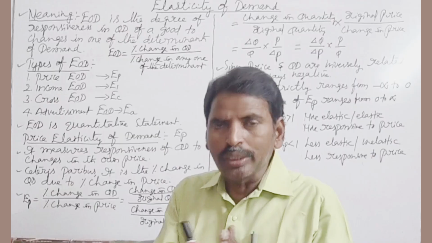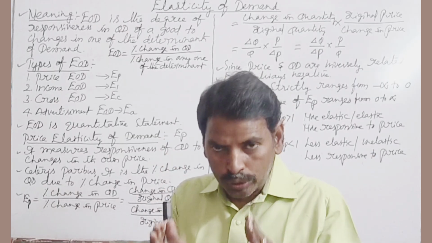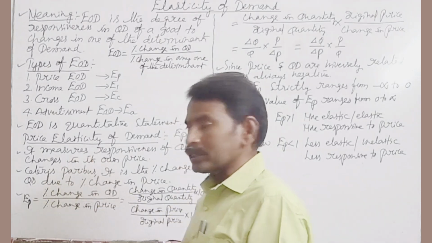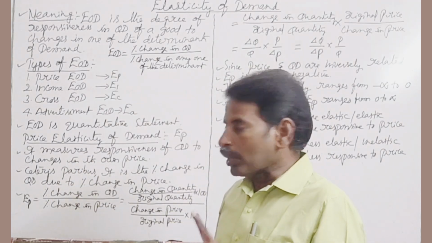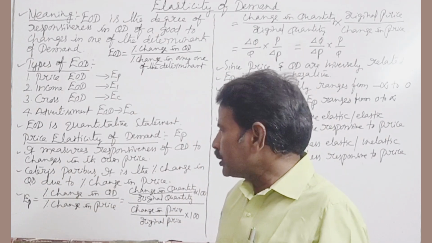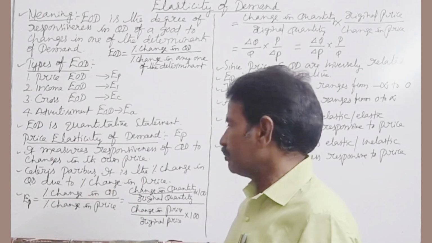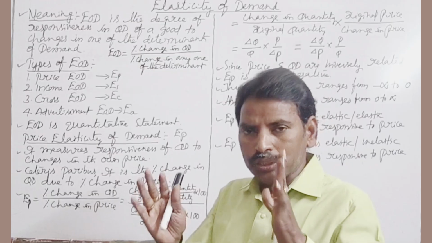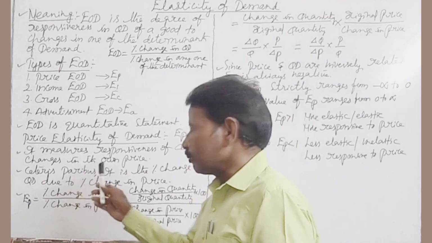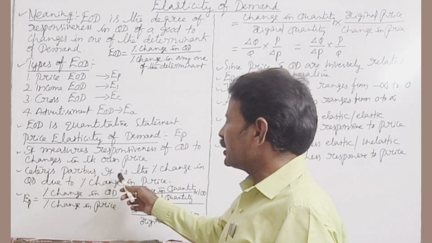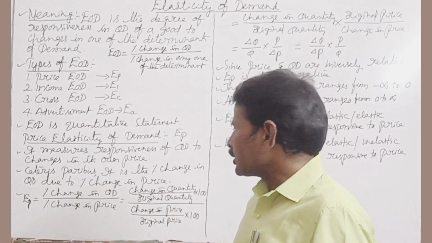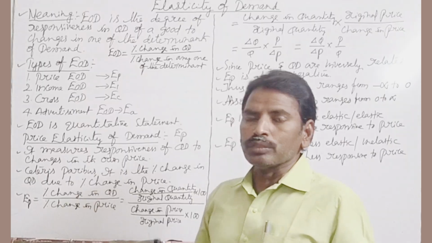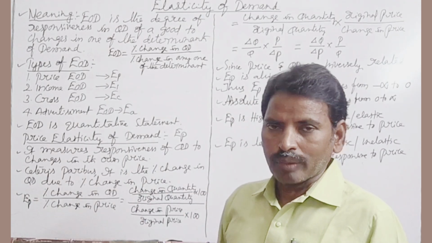If there is a change in price, there will also be a change in quantity demanded. So price elasticity of demand measures responsiveness of quantity demanded to changes in its own price. Ceteris paribus, that means other things remain constant, price elasticity of demand is the percentage change in quantity demanded due to a 1% change in price.